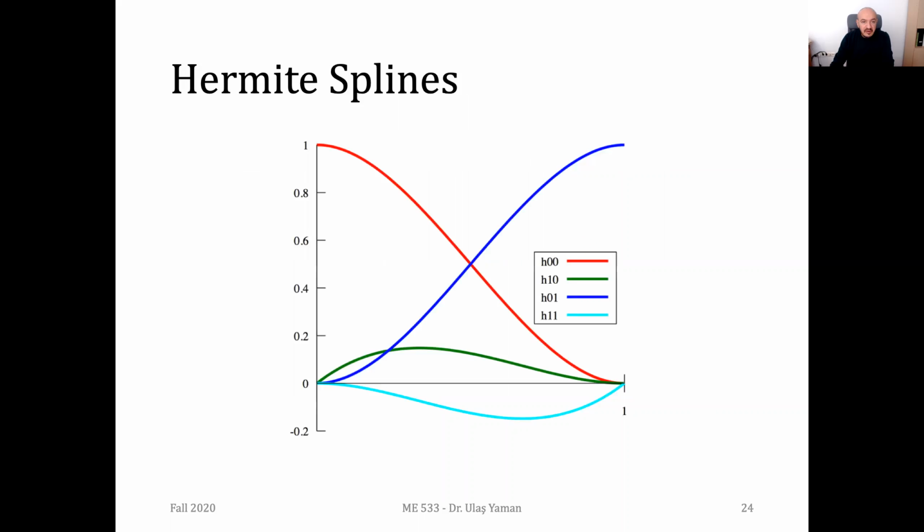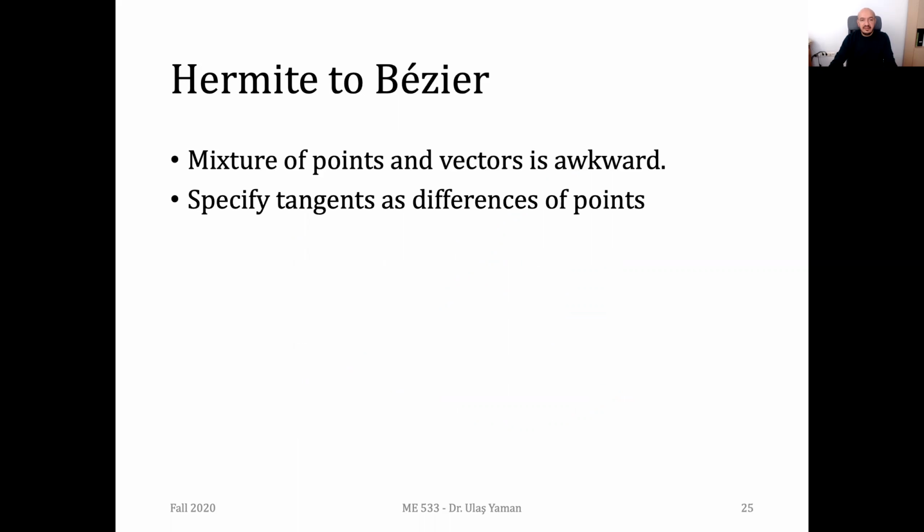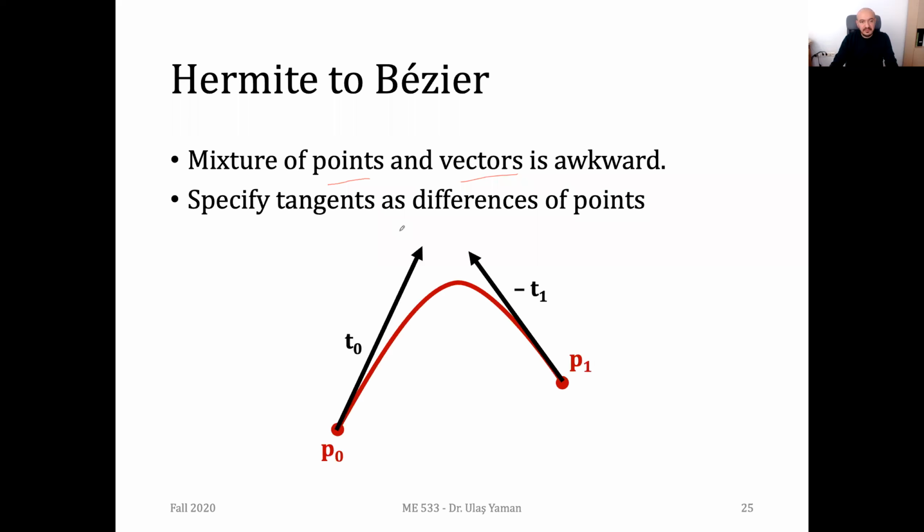And now we will switch to Bezier curves. These are the fundamentals of Hermite splines. By now we will make use of this information to obtain Bezier curves. In the Hermite ones, we are kind of mixing points with vectors, which is quite weird. So right now what we are going to do is just have points to represent Bezier curves.